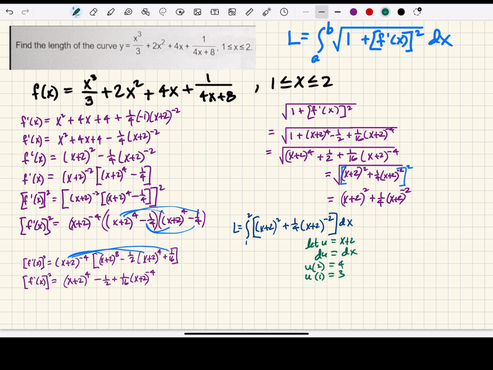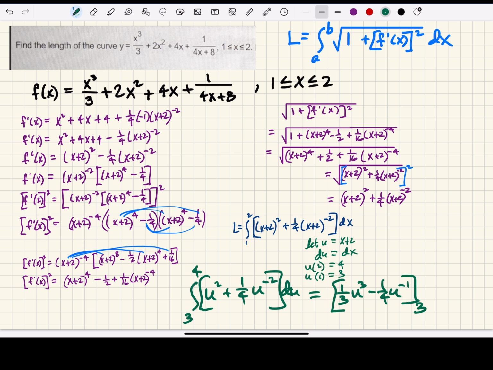So this integral then would become the integral from 3 to 4 of u squared plus 1/4 u to the negative 2 du. This would then be 1/3 u cubed minus 1/4 u to the negative 1, evaluated from 3 to 4.